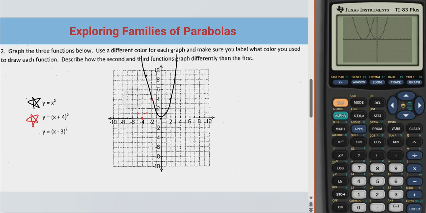My brain says, oh, it should move it right 4. But what we are going to find is that things that happen in the parentheses show up on the graph as the opposite of what we see. Right, so this x plus 4 shifted that vertex to minus 4.